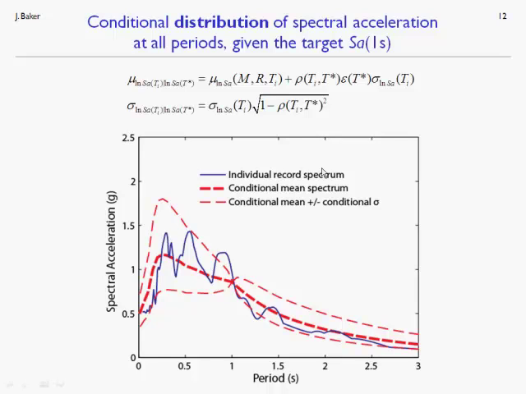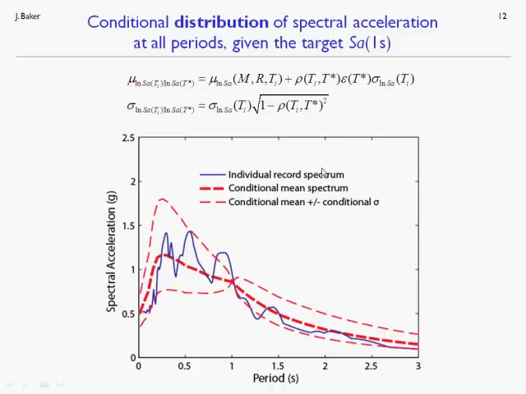When the period we're interested in is far away from 1 second and the correlations are lower, then that standard deviation gets larger, and we see this bound getting a little more spread out. And so that's capturing the variability around the conditional mean spectrum that we would expect to see in ground motions that had the specified magnitude, distance, epsilon, and spectral acceleration at 1 second.